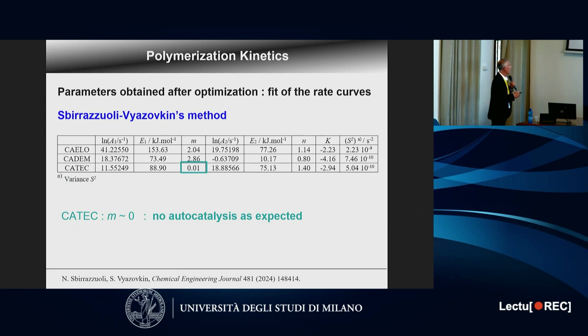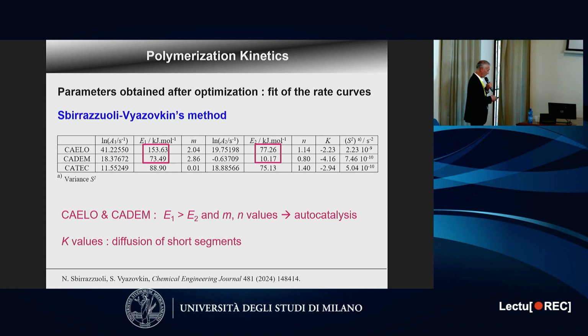And then, if we focus only on this value, you see that for Catech, the autocatalytic exponent is close to 0. So this confirms what we learned from the activation energy dependency, that for this system there is no autocatalysis. So this is not the right mechanism. It is something different.